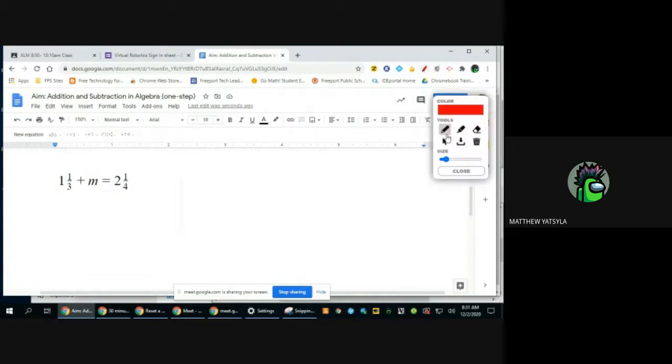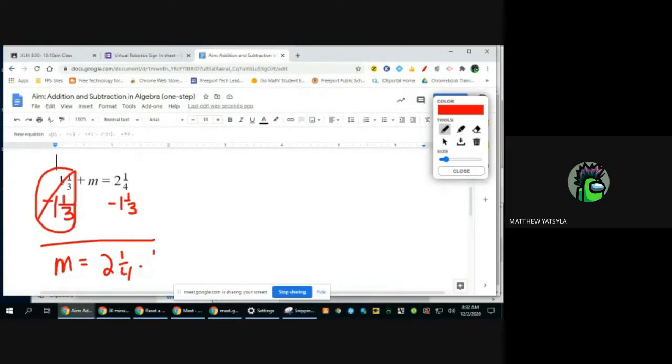All right. So from here, first thing I want to do is, again, same thing. I want to do the opposite operation. So even though there's not a plus sign here, it's implied. So we would subtract 1 1/3 from here, which means we'd have to subtract 1 1/3 from here. Now this isolates that m. We got our m by ourselves, but m is now going to equal 2 1/4 minus 1 1/3.